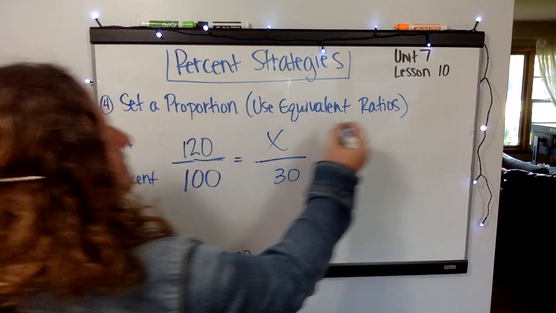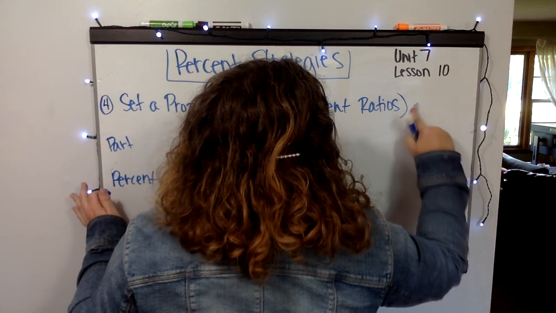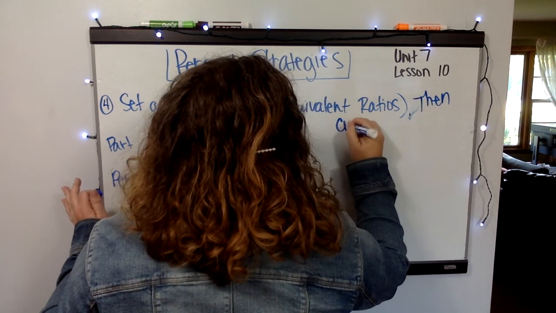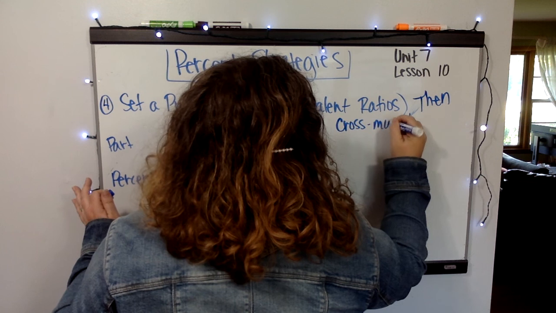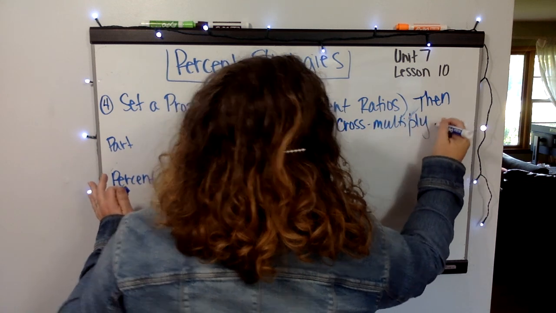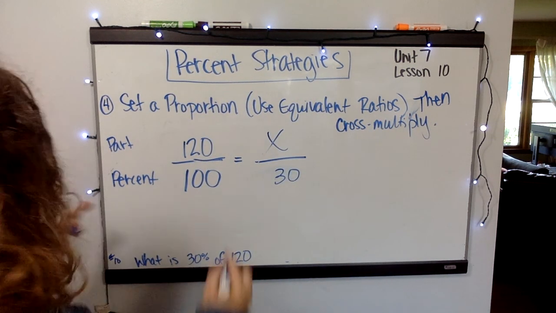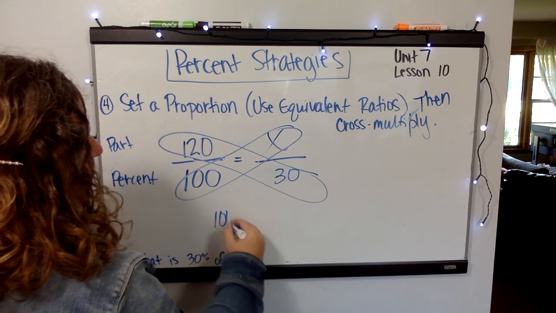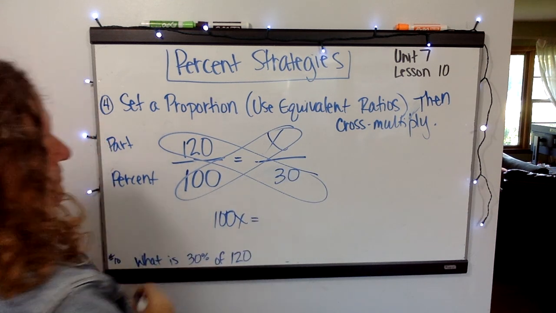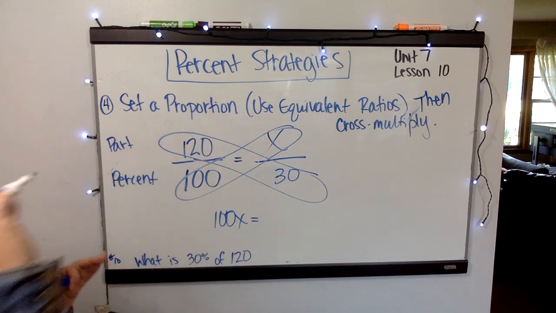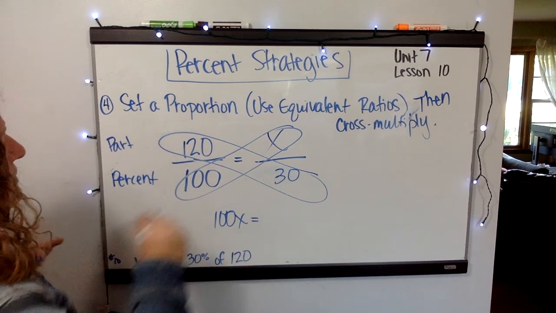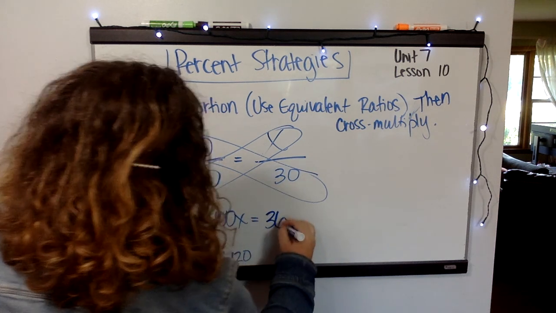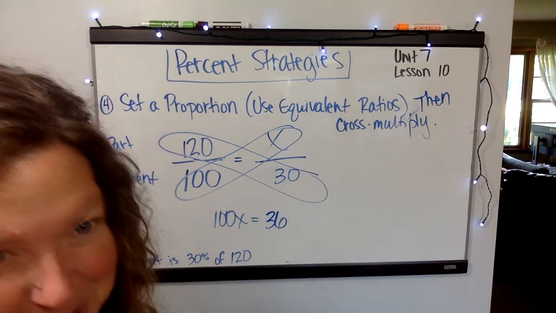Now, after we do this, we're going to say, then cross multiply. 100 times x is 100x, 120 times 30, I just know my 12 facts and my zero trick.